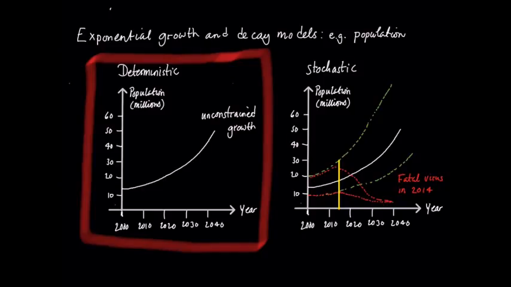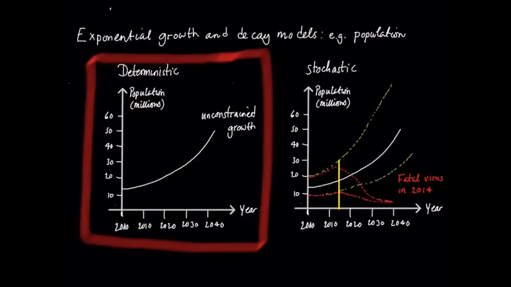The deterministic model is governed by an exponential law, which is a function of time. So at any given time, we have an exact value for the population. Of course, we should all realize that this is never going to be the case. We actually don't know with any accuracy or reliability what this population is going to be.